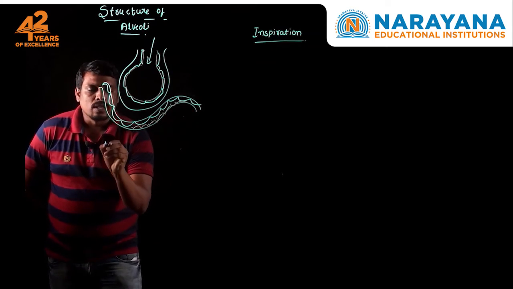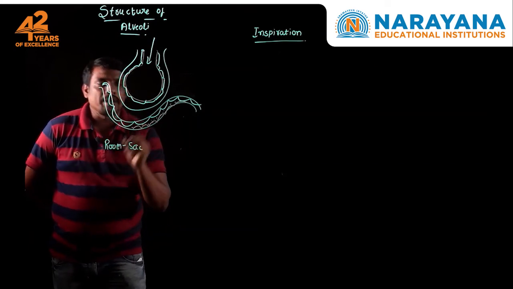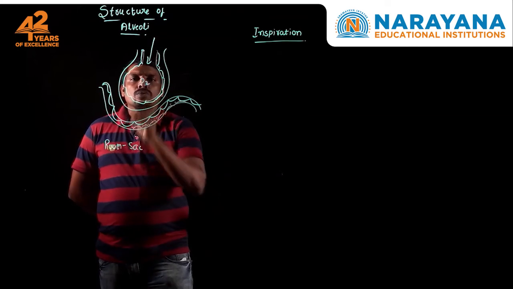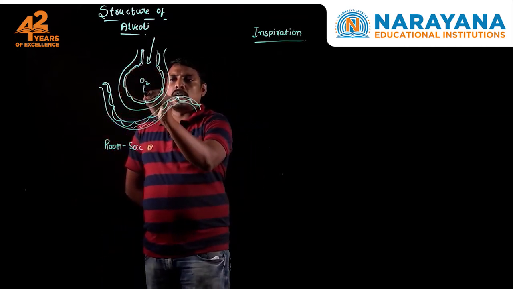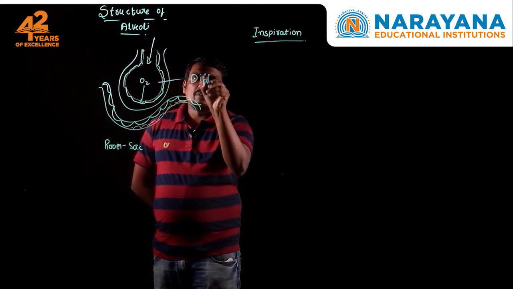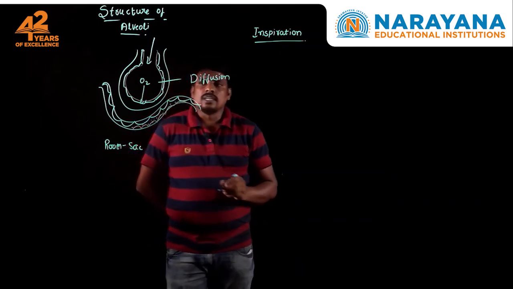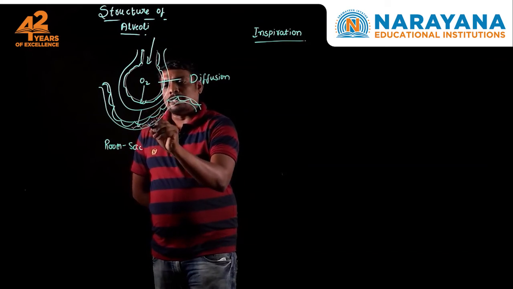These are small sac-like structures. When oxygen enters into this room-like structure, with the help of a process called diffusion, oxygen diffuses into the bloodstream.